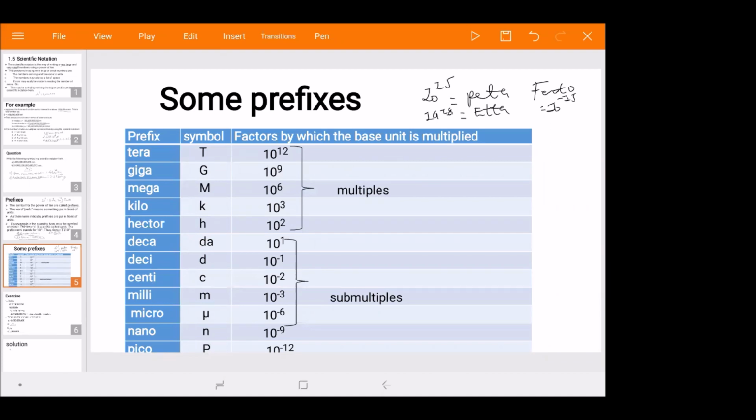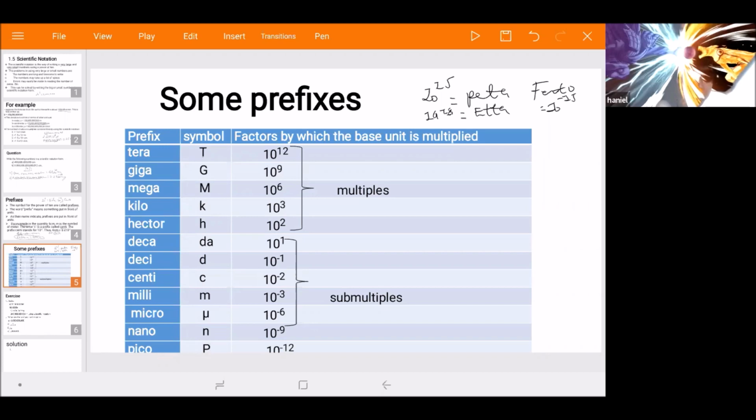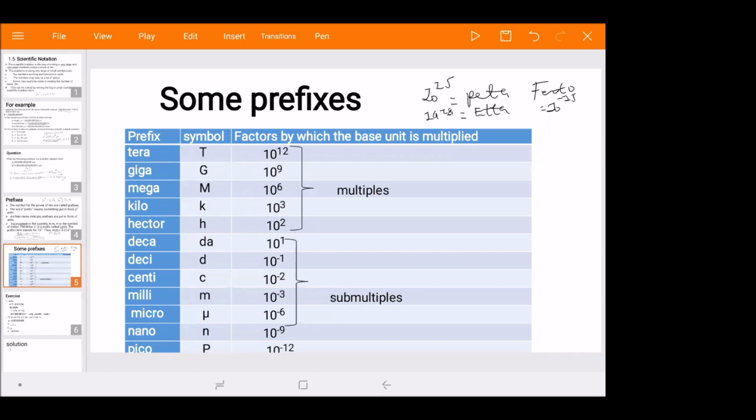Therefore, in case of these multiples, some are not included in this table. It is up to this one, and this one starts from here down to the bottom one.